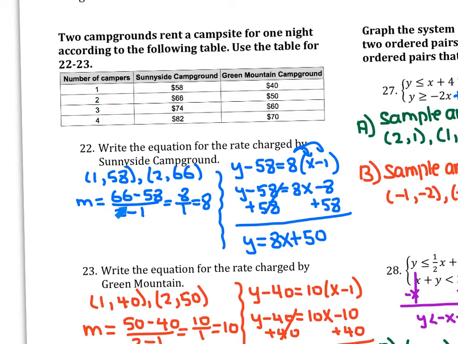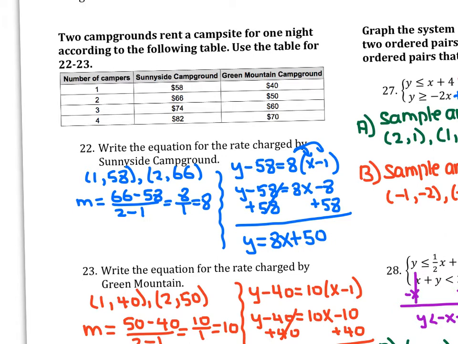And so you find the slope, so you do y 66, take away the other y, which is 58 on top, that's your rise, over your run, which is the 2, take away the 1 at the beginning, and I end up with 8 divided by 1, which is 8.